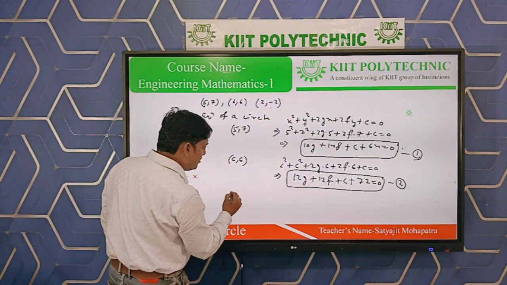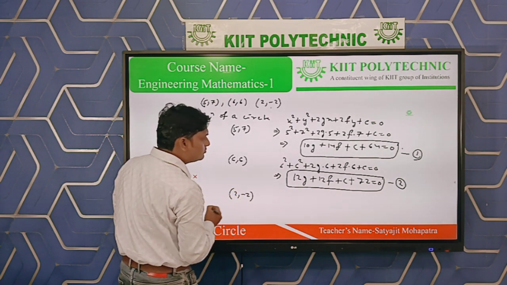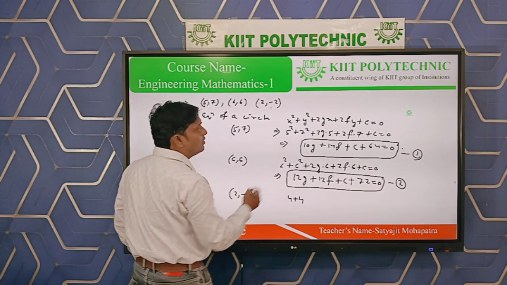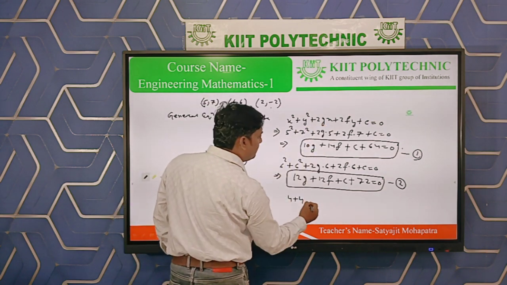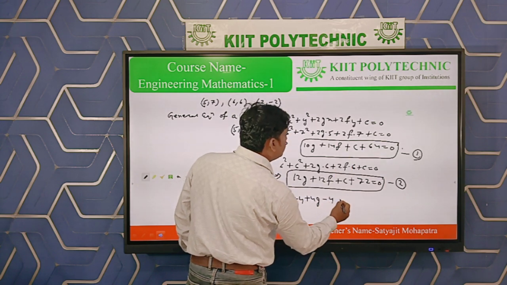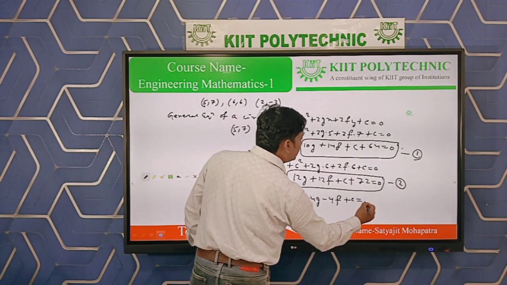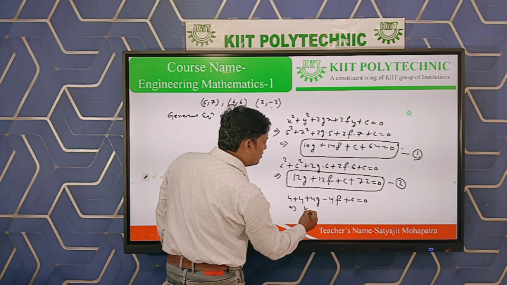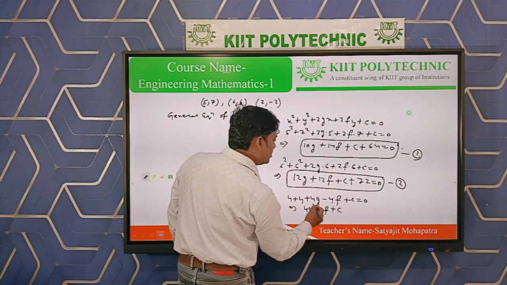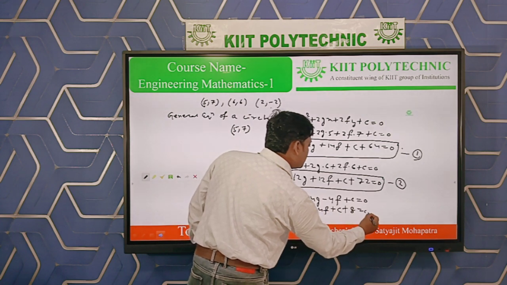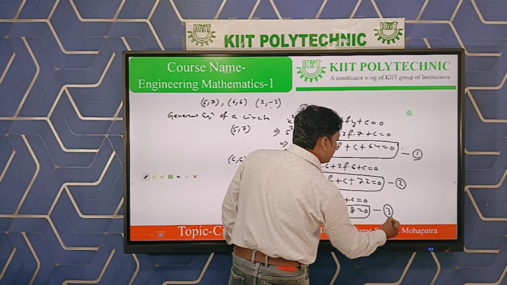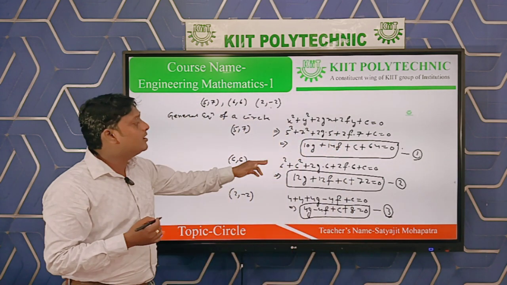Another point is left, that one is (2, minus 2). 2 square is 4, minus 2 square is 4, 2g into 2 becomes 4g, 2f into y which is minus 2 becomes minus 4f, plus c equals 0. We got 4g minus 4f plus c plus 8 equals 0. Equation 3.